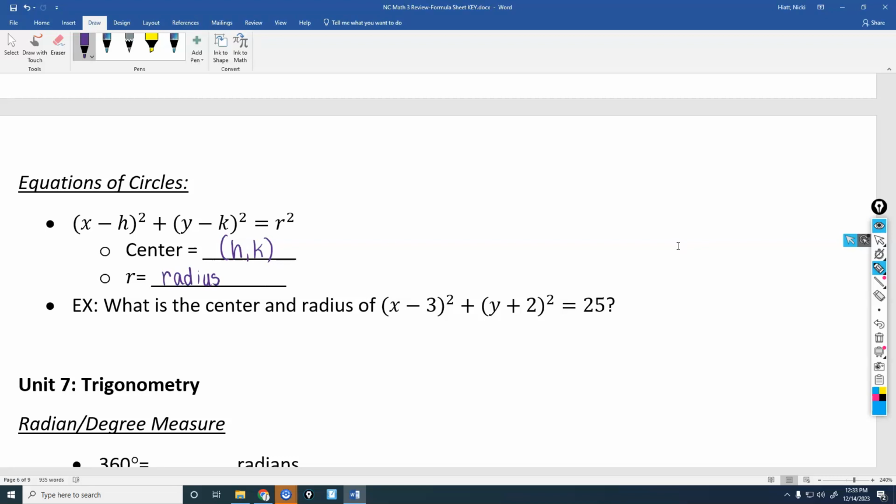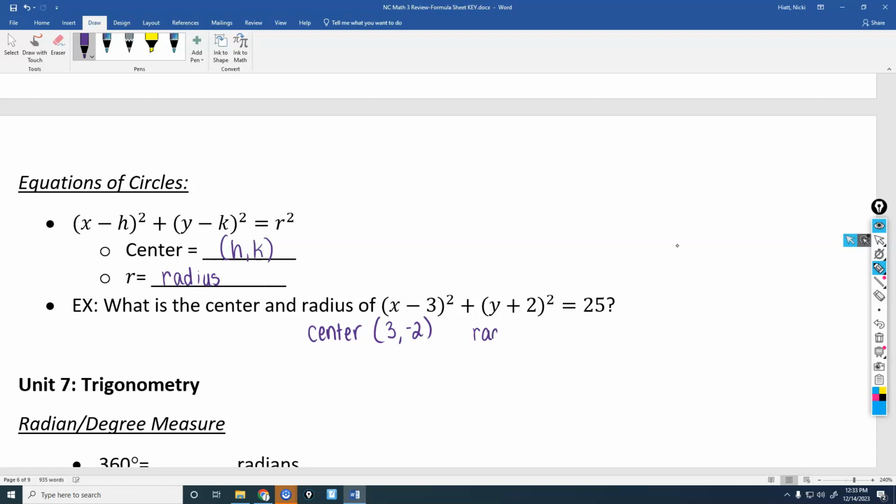So for the example that asks what is the center and radius of (x minus 3) squared plus (y plus 2) squared equals 25. Rylan, what would the center of that be? Perfect. 3, negative 2.